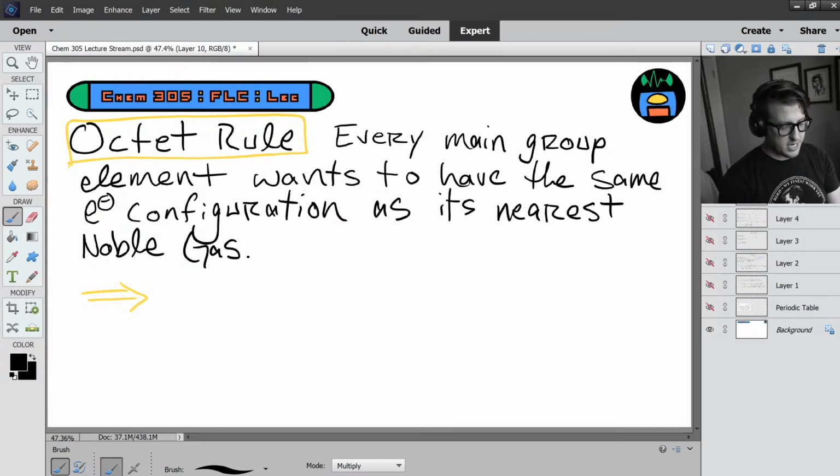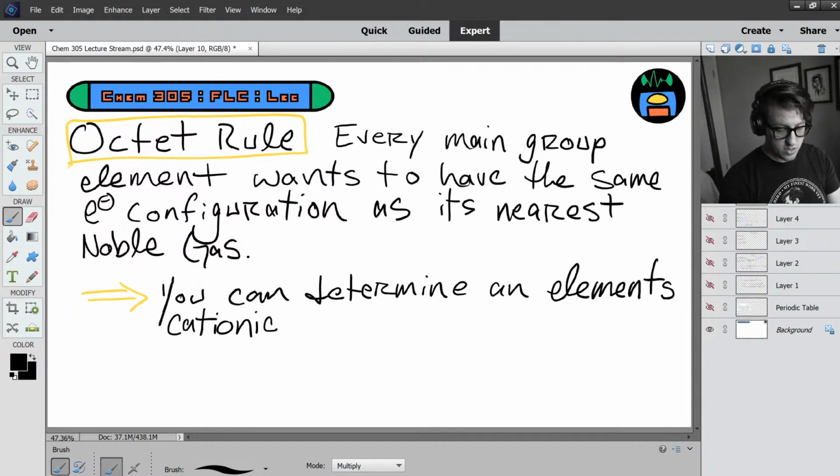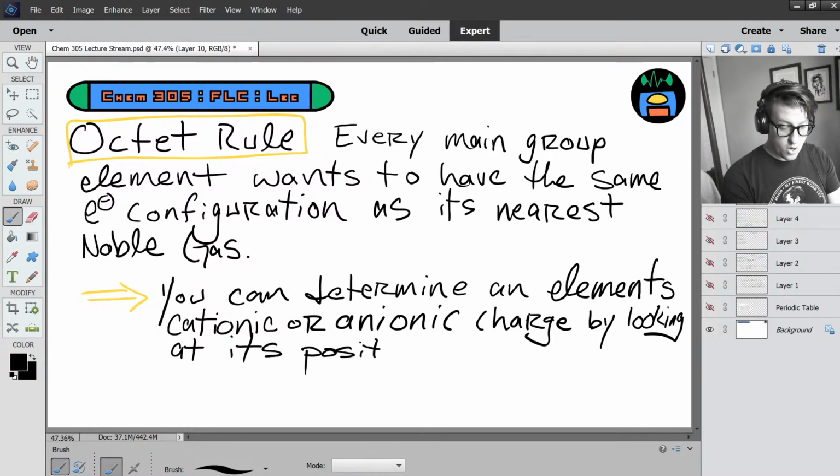The cool thing is you can determine an element's cationic or anionic charge by looking at its position on the periodic table.